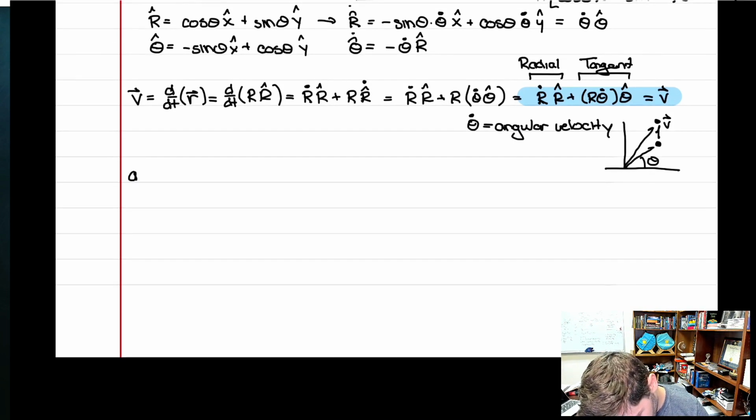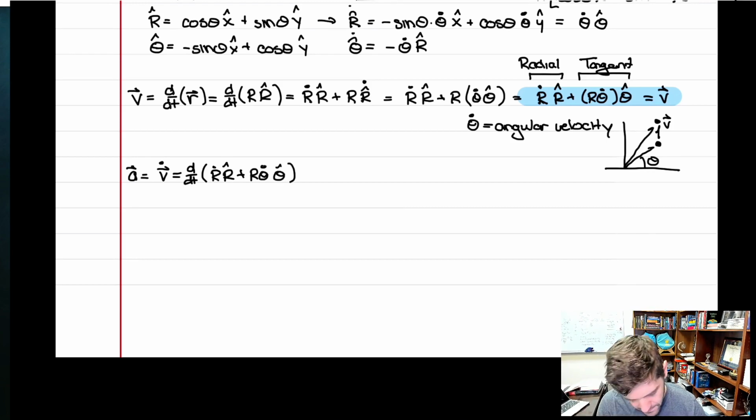All right, what about acceleration? Which is going to be the derivative of the velocity vector. Which again, for completeness, is the derivative of this entire thing. Well, product rule away.